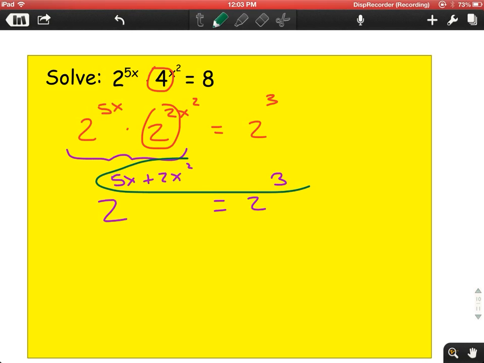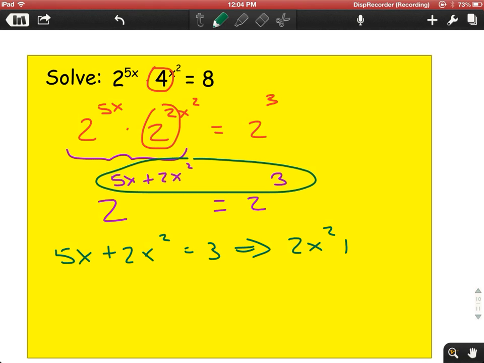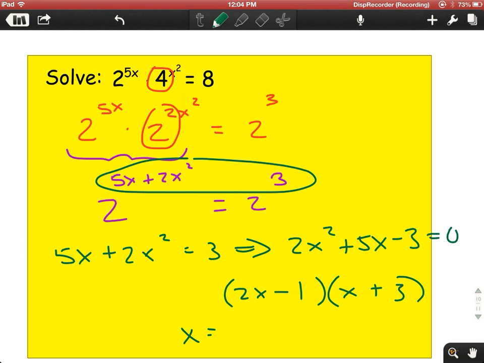And hopefully you can see the same things happening, that same pattern. Once I get like bases, I can set up a simple equation. I'll subtract 3 to get that equal to 0, and then I will factor it. 2x and x, 3 positive minus 1. Therefore, x is equal to positive 1/2 and negative 3.